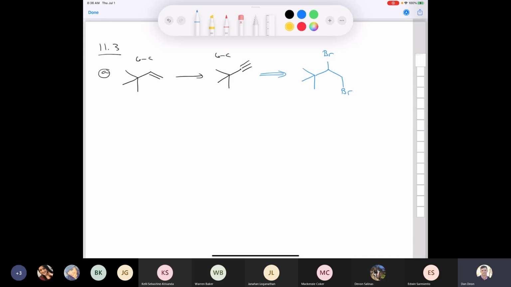So how do we get from here to here? Well, that's just a bromination reaction, isn't it? So what are we going to do? We're going to take the starting material. We're going to treat it with bromine, Br2. We make the bromonium ion. The bromide comes in and attacks, and we end up with this compound.